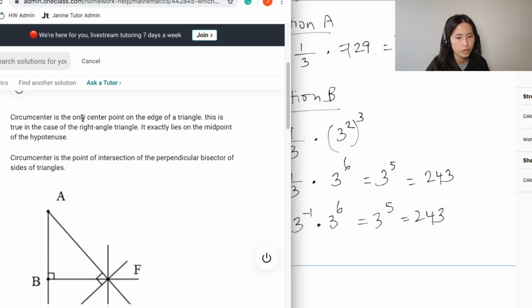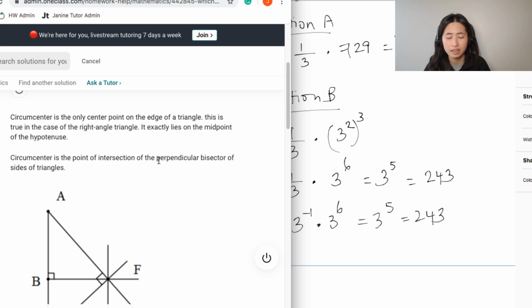Circumcenter is the only center point on the edge of a triangle. Yes, that's correct. This is true in the case of a right angle triangle. It exactly lies on the midpoint of the hypotenuse. Okay, so they hit the mark. They mentioned midpoint, they mentioned hypotenuse, they also mentioned it's the point of intersection of the perpendicular bisector sides of triangles.